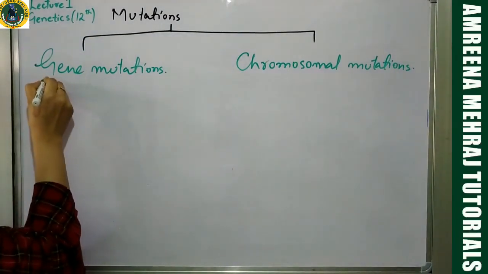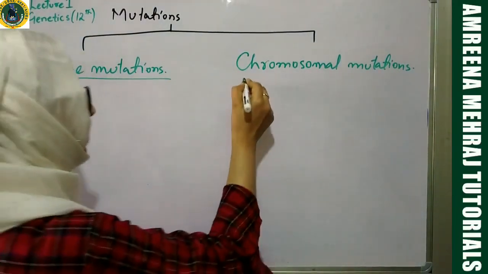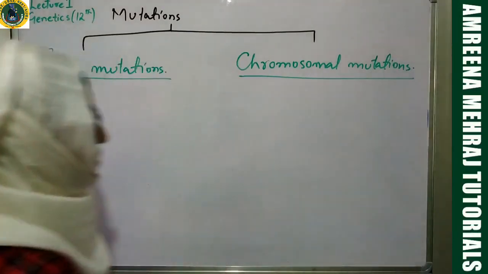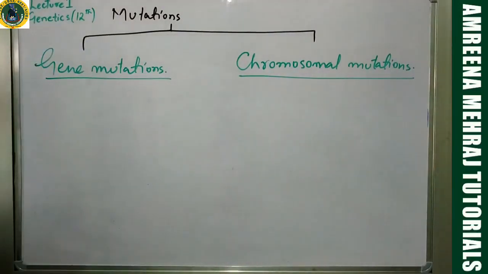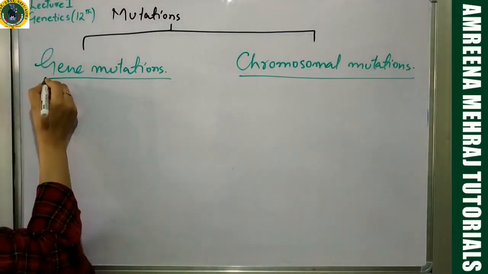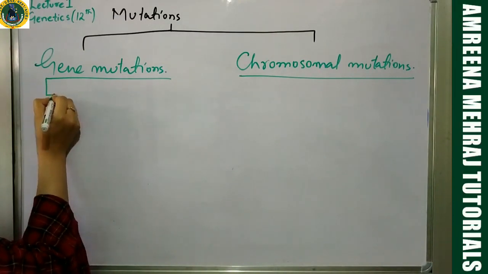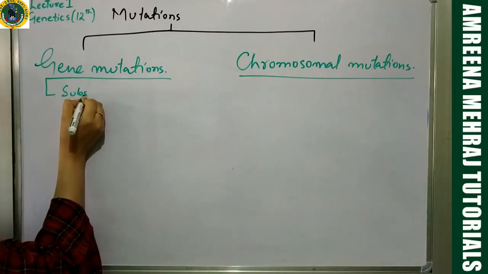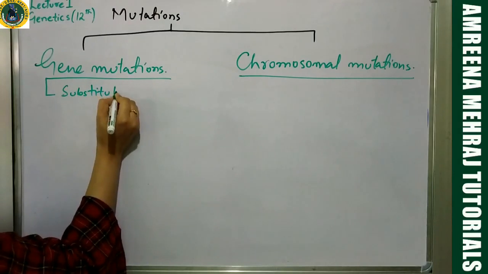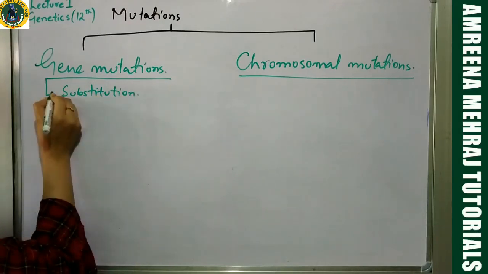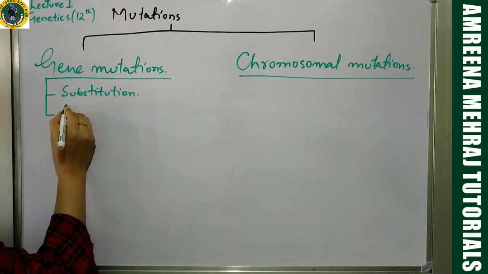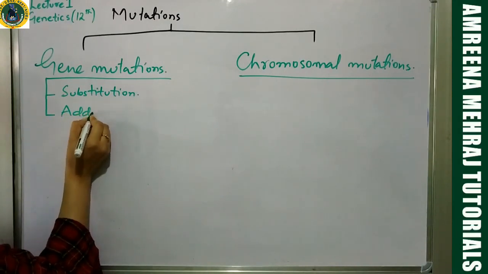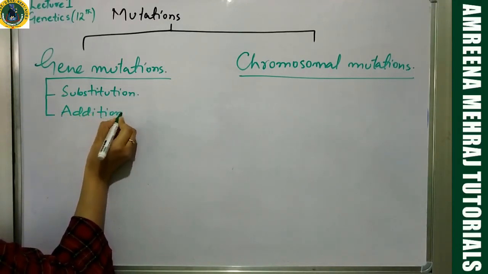Gene mutations we will finish first, then we will go to chromosomal mutations, okay? Let me first of all give you this classification. Under gene mutation, we will study number one, substitution. Number two, addition.